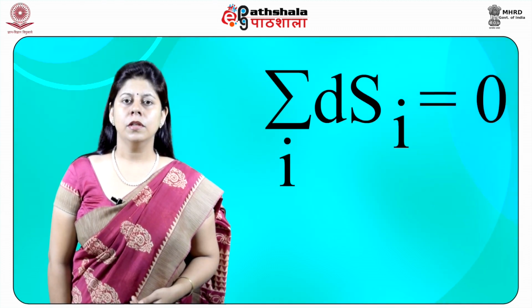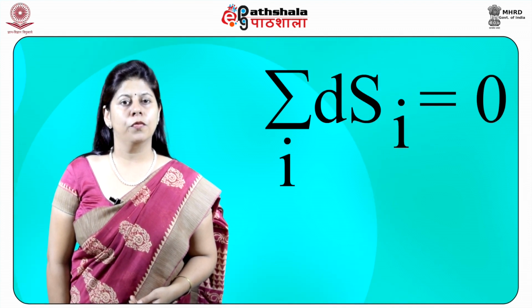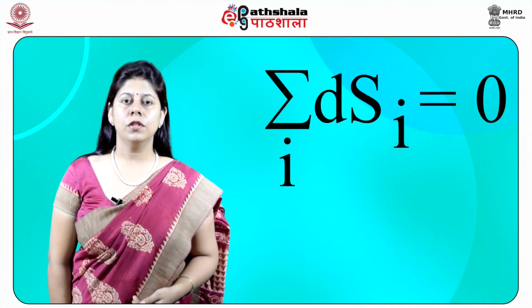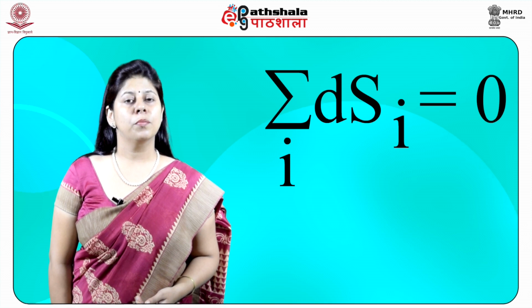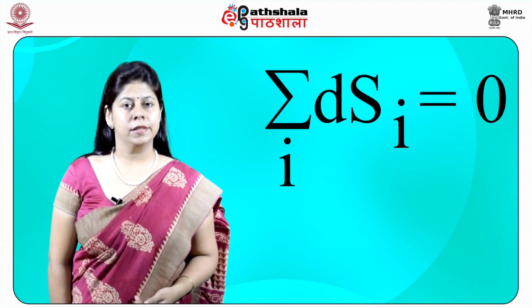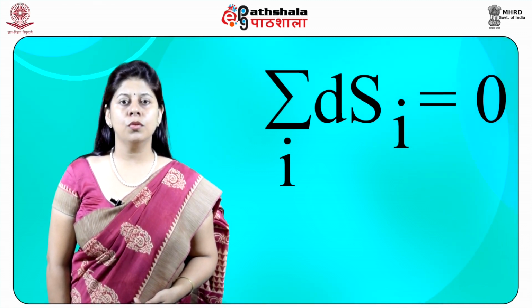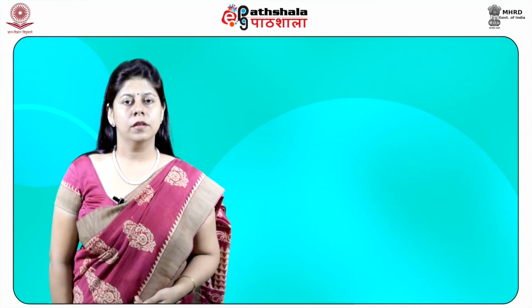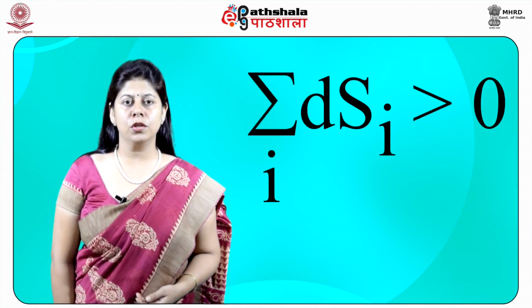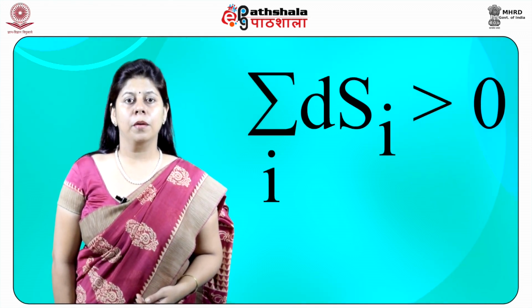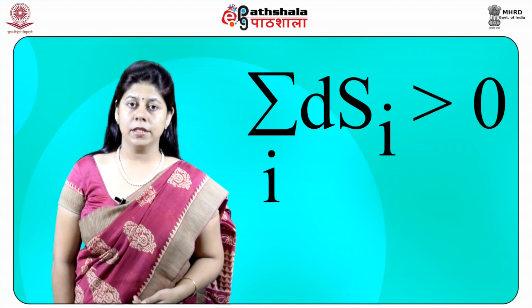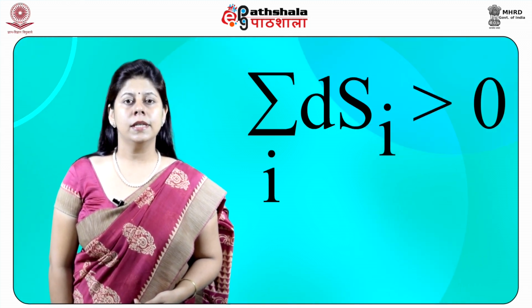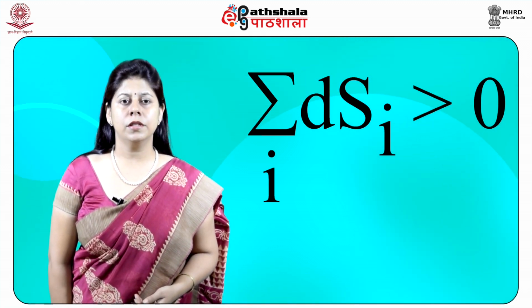At equilibrium, the sum of all the components of entropy change is equal to 0, that is, summation of dSi = 0. For a spontaneous reaction, which is moving towards equilibrium state, the sum of all the components of entropy change becomes greater than 0, that is, summation of dSi > 0.